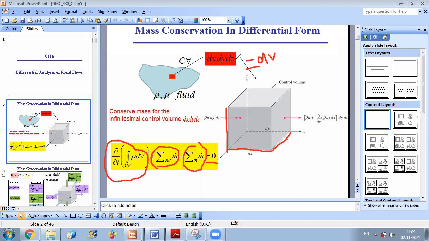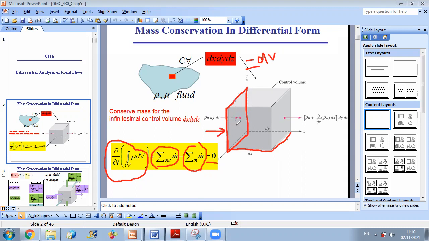Fluxes of mass can happen on any face. So you can have here, for example, a face in the plane YZ. We know that to have a mass flow rate across a face, we should have a component of velocity perpendicular to the face. So if you have face YZ, only a velocity component along u can cross the surface.